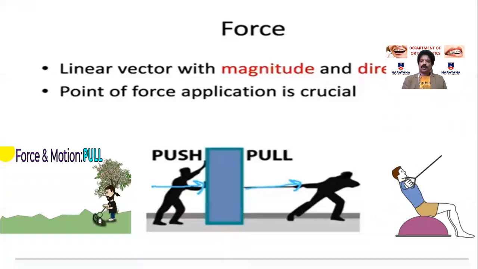When the midface is deficient, suppose in a class 3 severe midface deficiency case, you need a pull force. You'll have to use the appliances accordingly, which pull the maxilla. Okay, that is the difference. So you have both the forces.